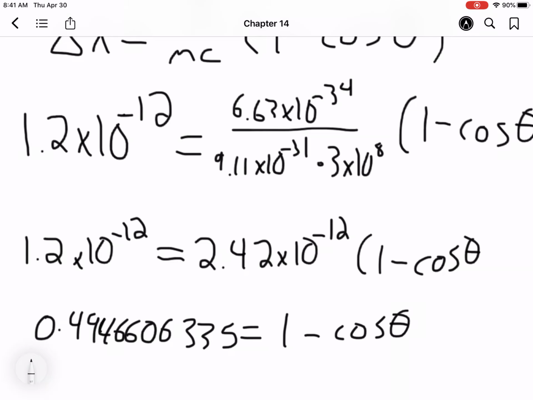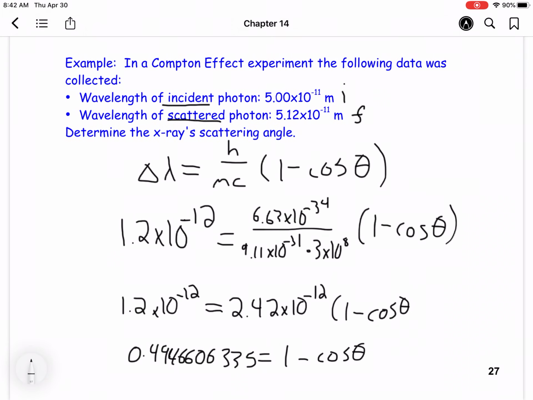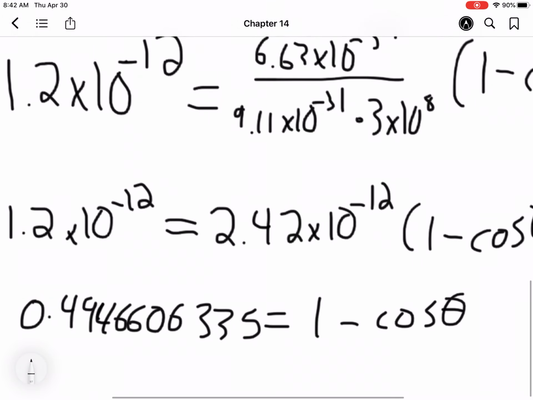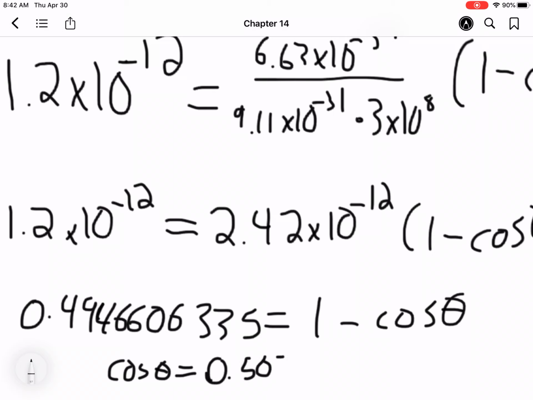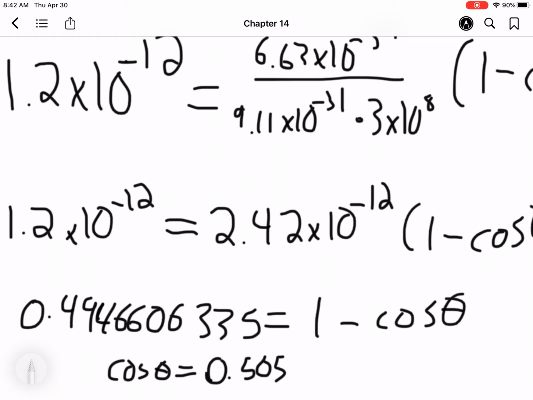I can switch the cos over, ran out of space here, sorry. So then cos theta equals 1 minus that number, which is 0.505. That's just an algebra thing where I moved the cos to this side by adding cos, and then I subtracted this number over to this side, so it's 1 minus that number.